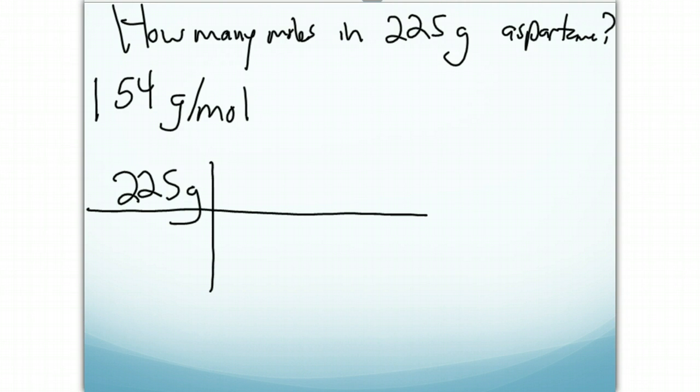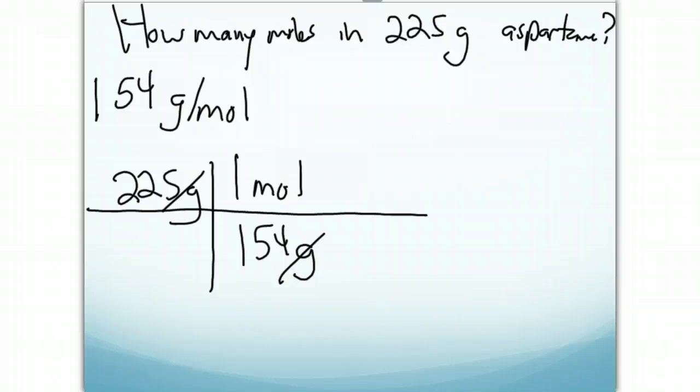Let's get formal with this, and we'll say 154 grams is equal to 1 mole. So we know we're on the right track because our units cancel. And to get this, we just do a little division, and we get 1.46 moles. All right? So that's the sort of thing we have to be able to do on a routine basis.